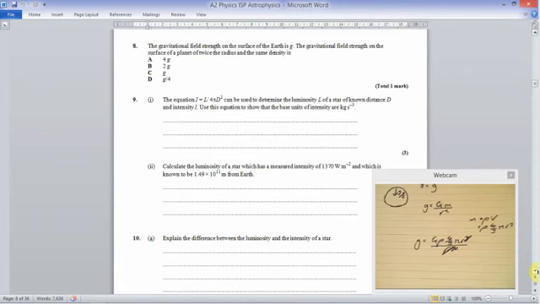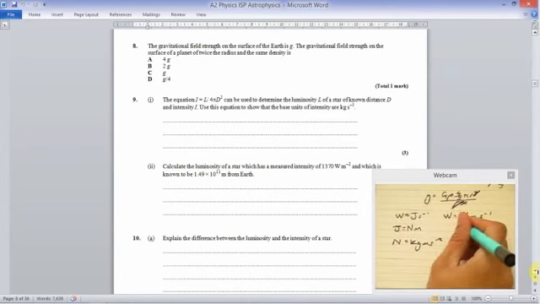So the idea that we've got to use is we're going to know that watts is equal to joules per second. Joules is equal to Newton meters. Therefore, watt is equal to Newton meters per second, and a Newton is equal to kilogram meters per second squared.